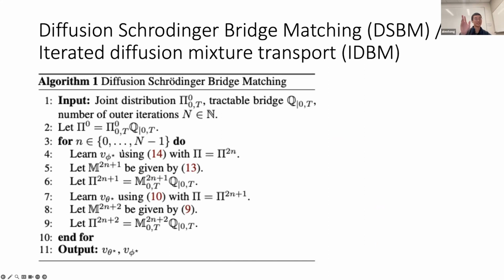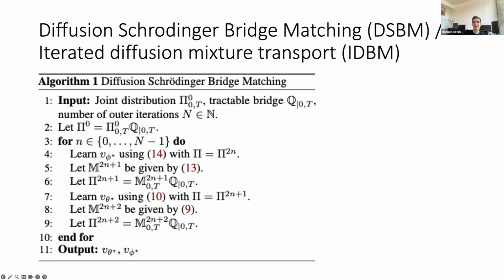The notation here we don't need to know, but basically you use a matching to learn the bridge in one direction, then use the matching in the other direction to learn the bridge in the other direction. So you go back and forth between simulating to find pairings and then matching those pairings using the Schrödinger bridge matching ideas, the flow matching ideas. You iterate on this outer loop of learning your neural network. Each iterative step is learning your neural network instead of doing the matrix-vector step for the discrete case.